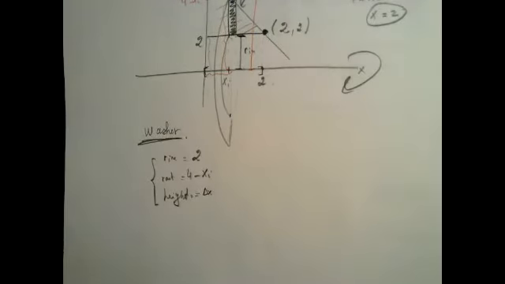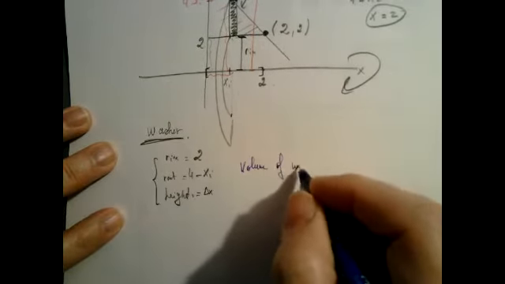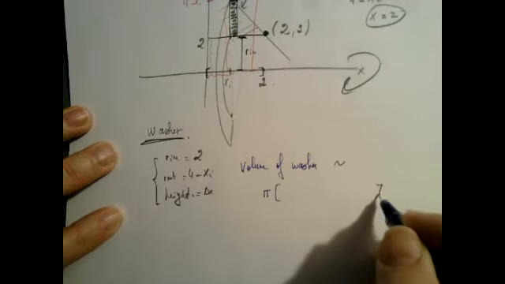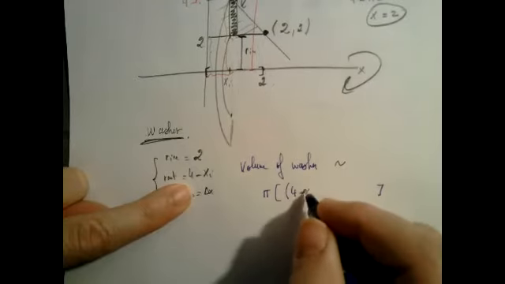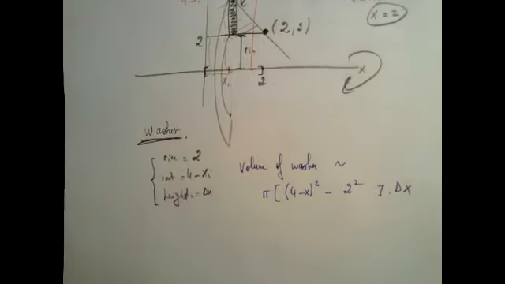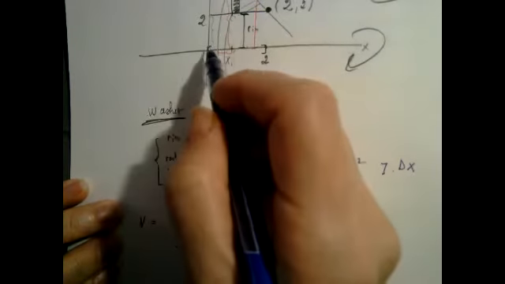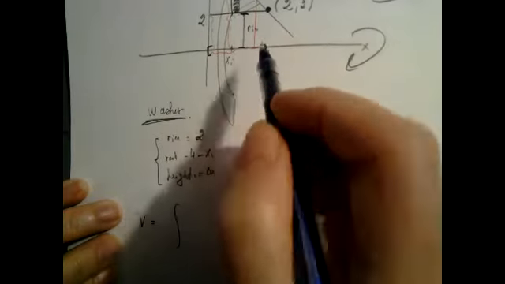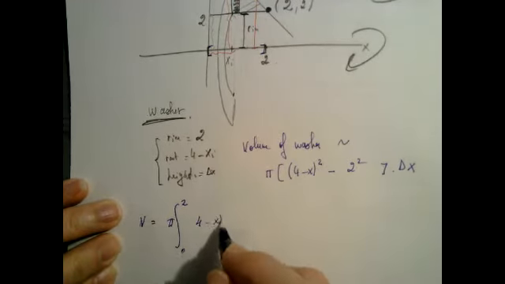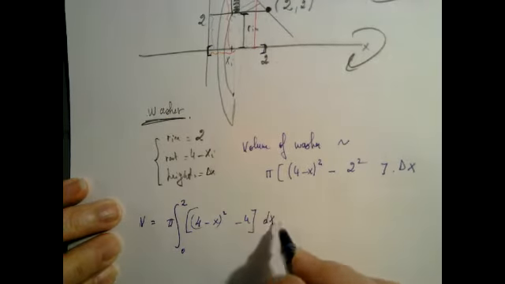Now we're actually done. Volume of the washer is almost equal to pi times the outer radius squared minus the inner squared times the height delta x. And the total volume is the integral. Now, the interval I need to split is the interval from 0 to 2, of (4 minus x) squared minus 4 dx.